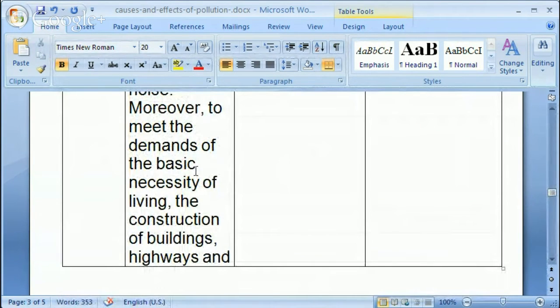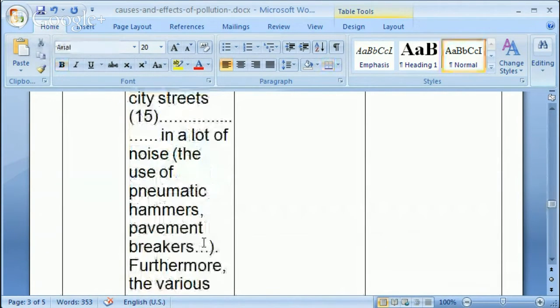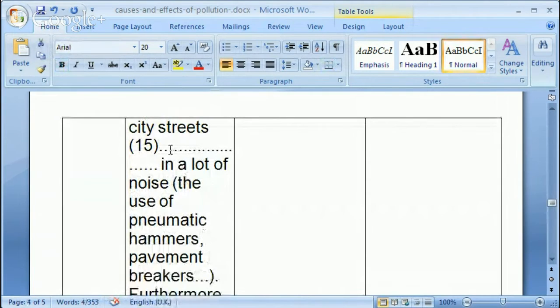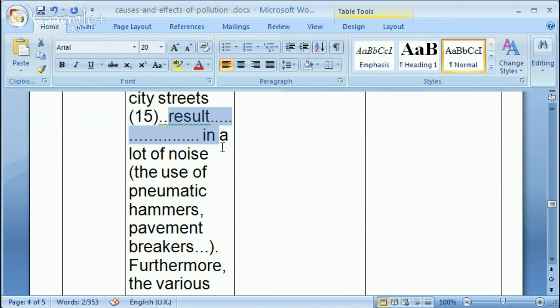Moreover, to meet the demands of the basic necessity of living, the construction of buildings, highways, and city streets result in a lot of noise. And by the way, we've also got result in. This is a very strong collocation. The verb and the preposition go together. Sure, all of this construction results in a lot of noise.